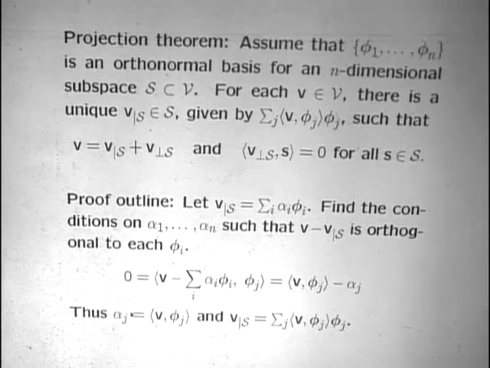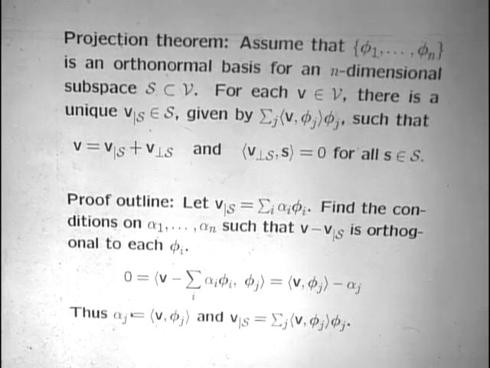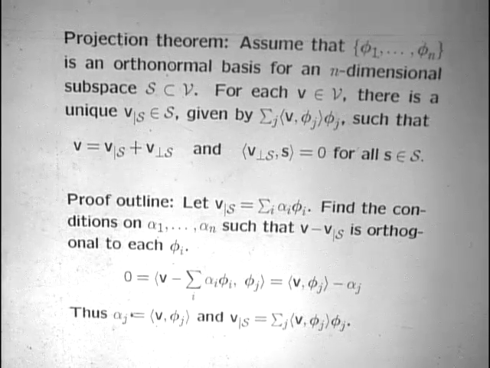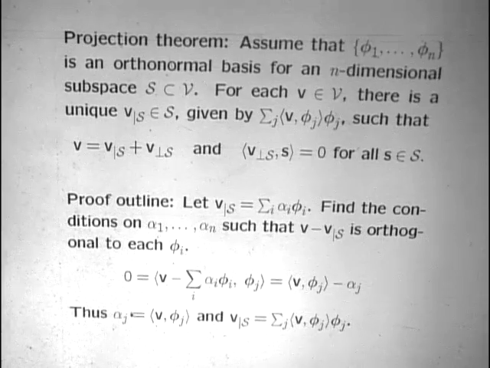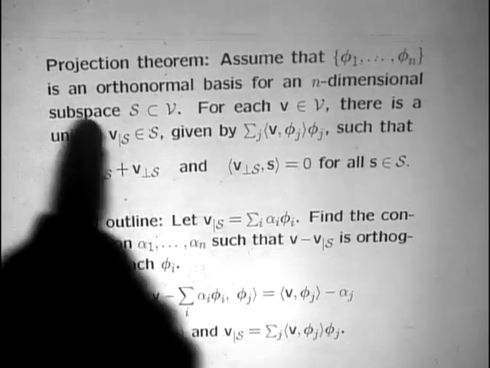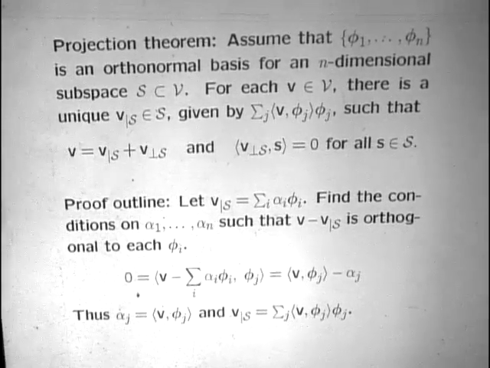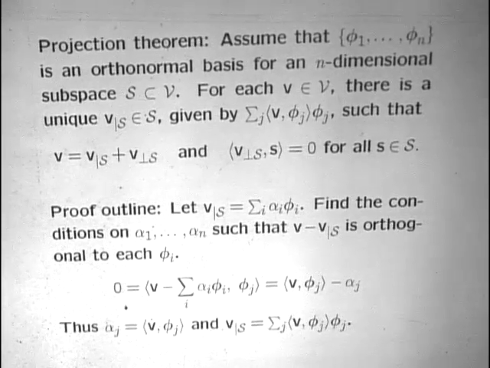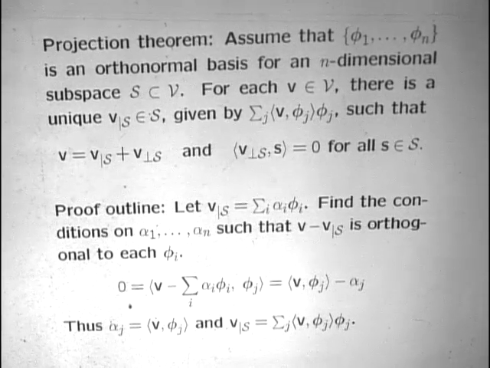Assume I have some particular subspace which has the property that it has an orthonormal basis. Okay, so this is an orthonormal basis for this n-dimensional subspace S in V. For each vector in V, okay, S now is some small subspace.